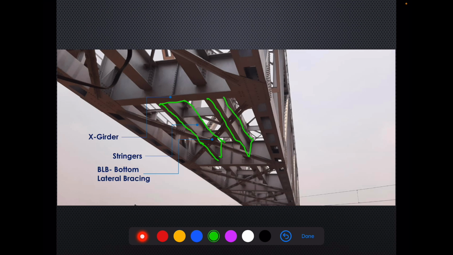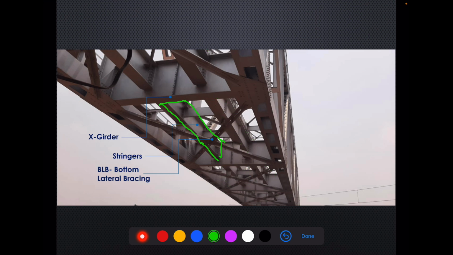Stringers are nothing but the rail bearers, so just above them, rails come. So this is a system of cross girder, stringers, cross girder, stringers.